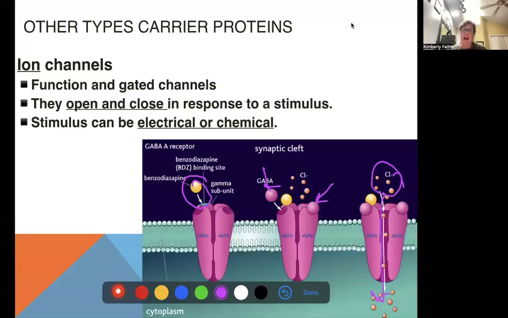As these chloride ions move with this stimulus, this is called the synaptic cleft. This is your nerve system. This is the space between your nerves. This signal can stimulate an electrical signal or a chemical signal to pass information through your nervous system.